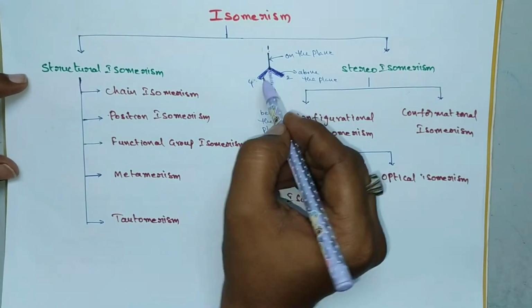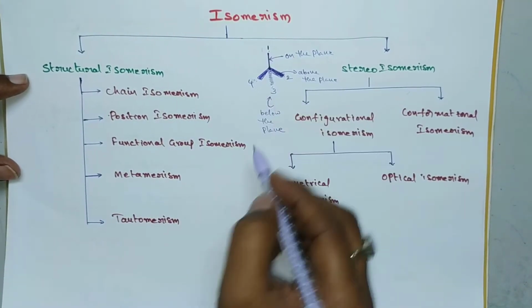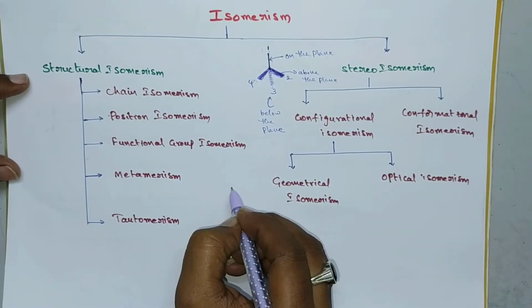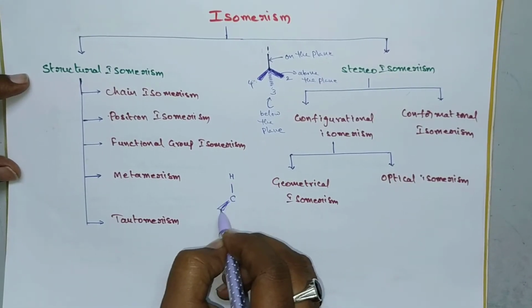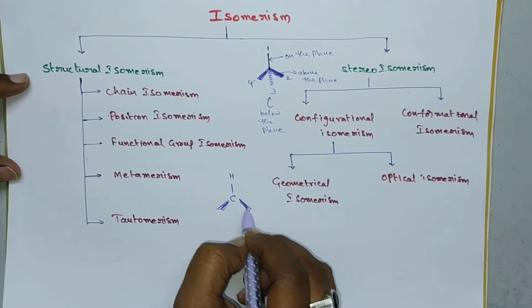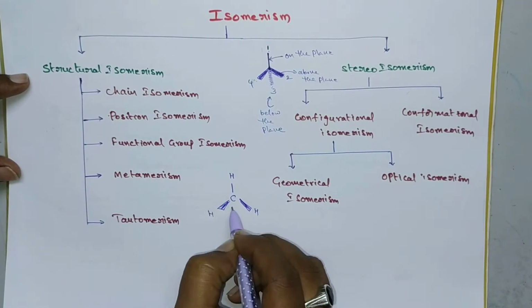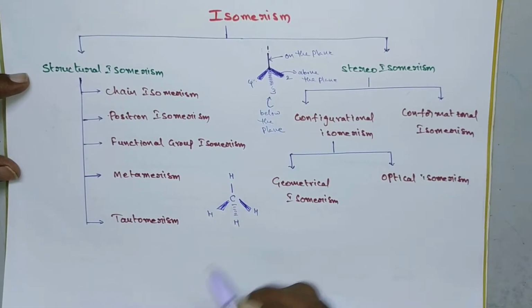Here this is the structure of methane, CH4. Carbon is in the center, one hydrogen is present on the plane, two hydrogens are present above the plane, and another hydrogen is present below the plane.